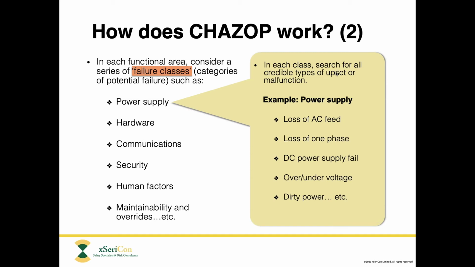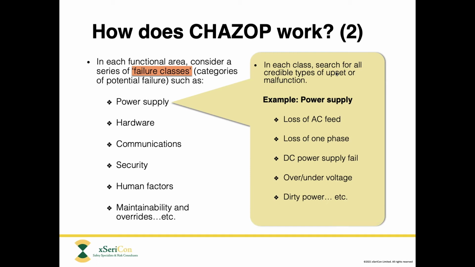Some examples of failure classes are shown on the left side of this slide, such as power supply to a specific functional area, the hardware within a functional area, communications within and to and from a functional area, any security issue relating to that functional area, any human factors relating to it, maintainability, overrides, and a whole lot of others. So we have usually about 12 different failure classes altogether. So in HAZOP terms, those failure classes are like deviations.